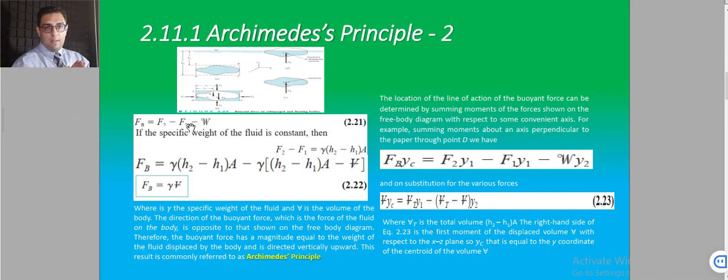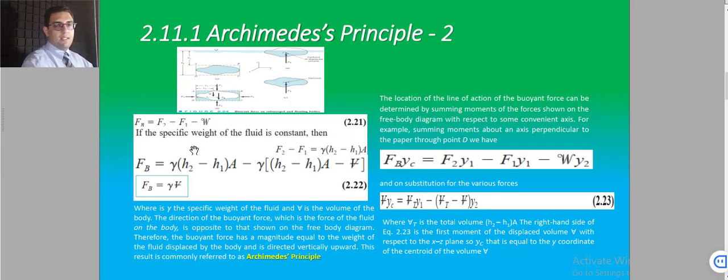From Newton's second law, FB is equal to F2 minus F1 minus weight. Since the direction of F2 is upward, it has the plus sign, and F1 and the weight are in the downward direction.